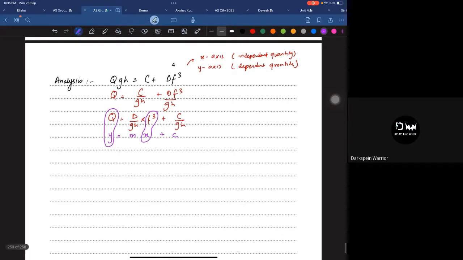Now you're ready to write this. You're going to say plot a graph of Q on the y-axis and F cubed on the x-axis.